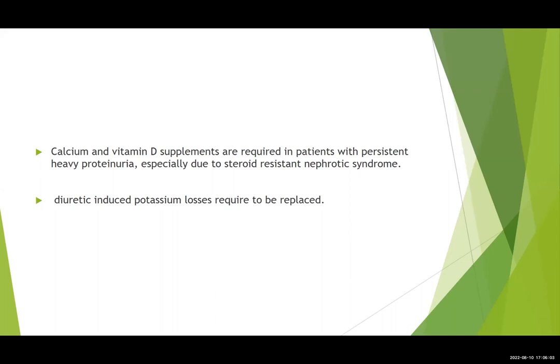This usually occurs in steroid-resistant nephrotic syndrome. If you use a lot of steroid and a lot of Lasix, sometimes because of edema, you have to make sure the potassium is okay and correct accordingly.